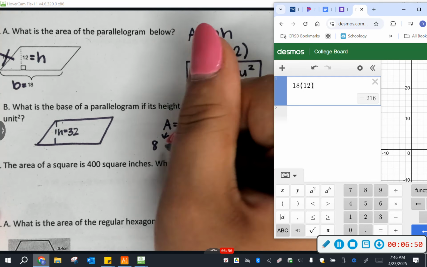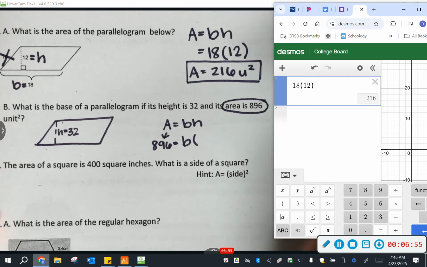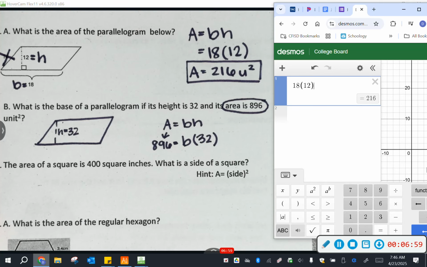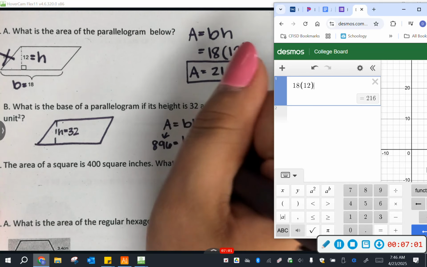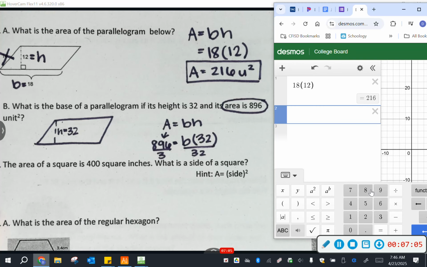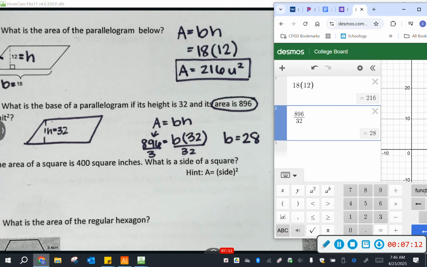My area is 896. I don't know the base, but I know the height is 32. How do we go backwards? Divide. And 896 divided by 32 is 28.